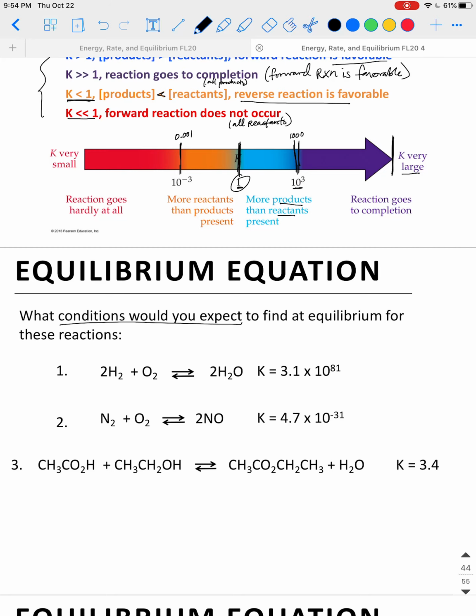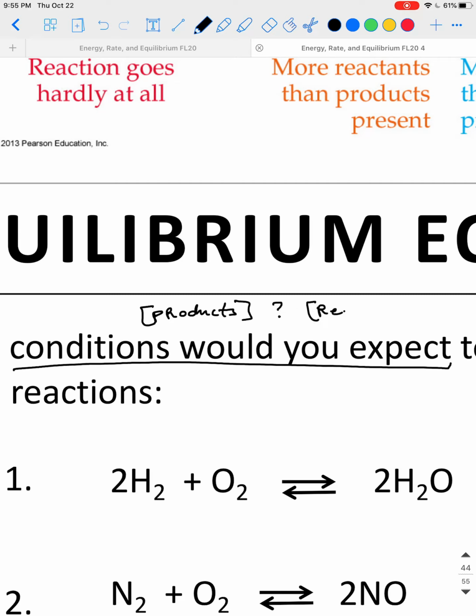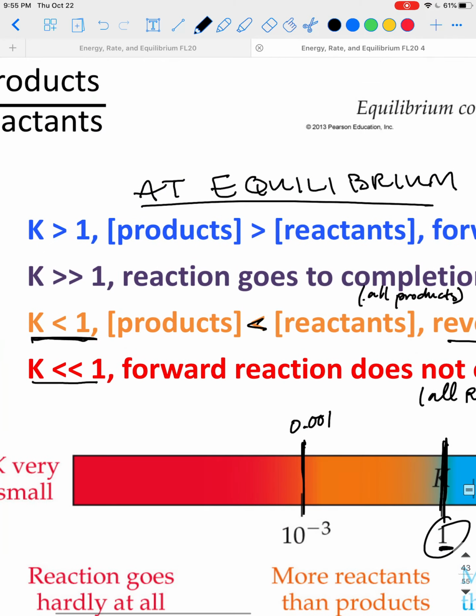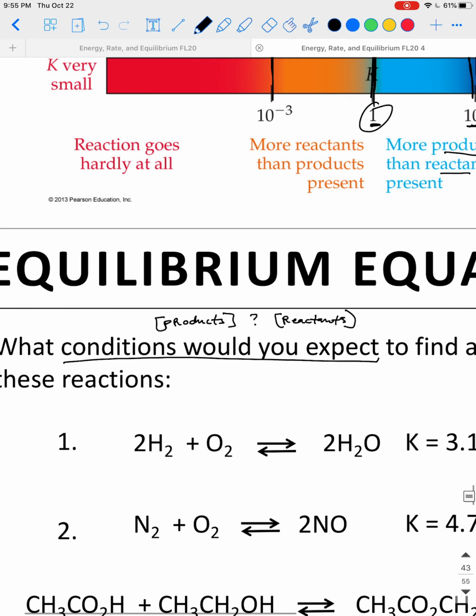So here's our question. What conditions would you expect? What do I mean by that? The conditions mean what is the ratio of the concentration of products compared to the concentration of reactants.